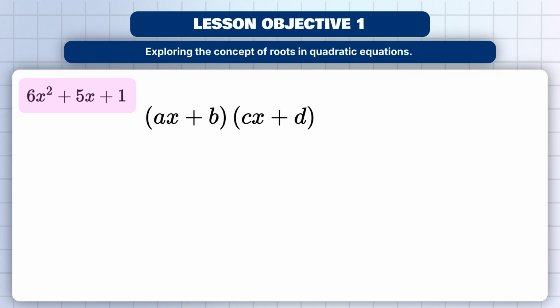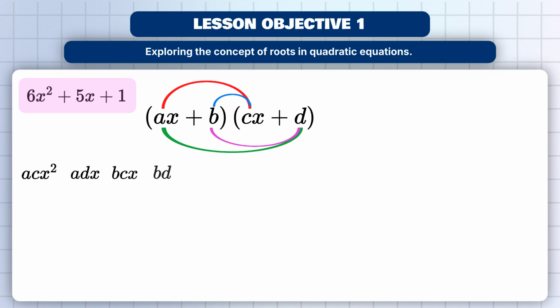By expanding (ax plus b) and (cx plus d), we get ax times cx, which equals acx squared, ax times d, which equals adx, b times cx, which equals bcx, and b times d, which equals bd. Combining these, we have acx squared plus (ad plus bc)x plus bd.